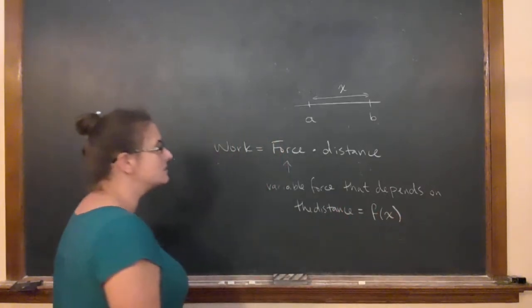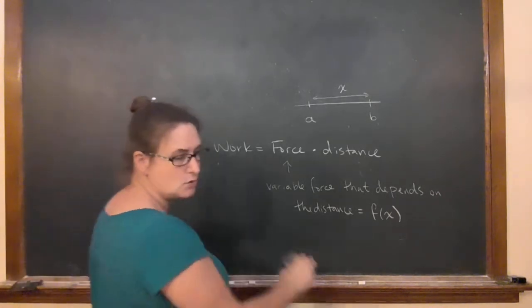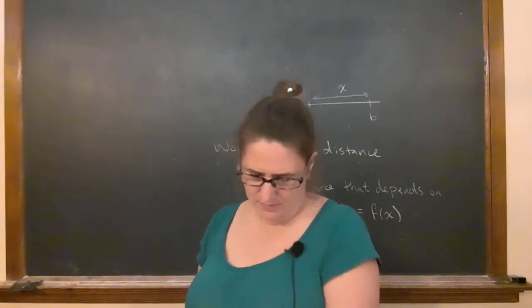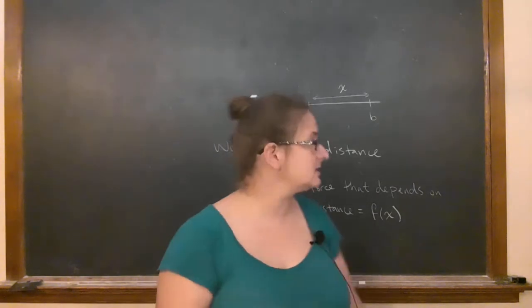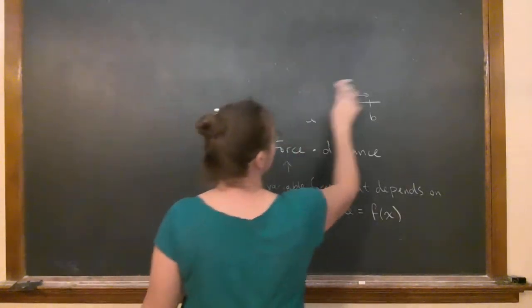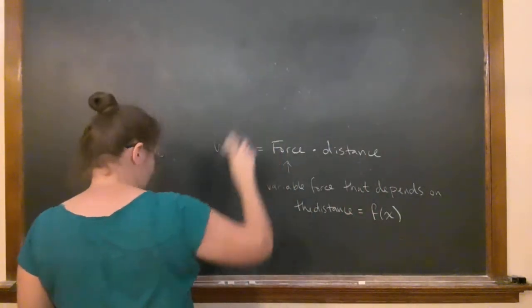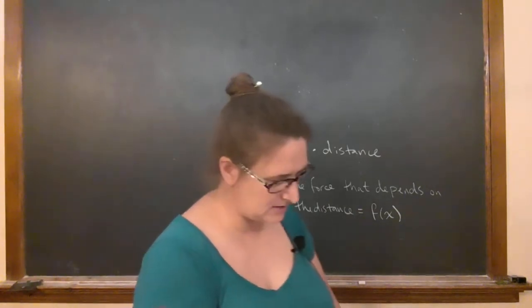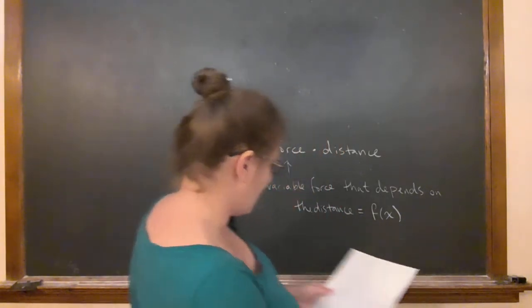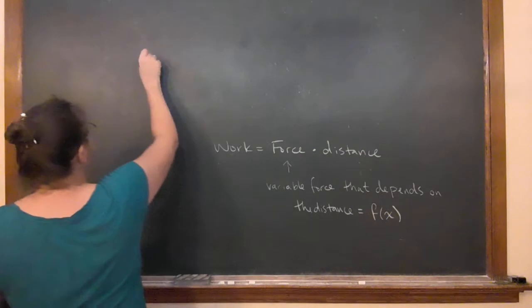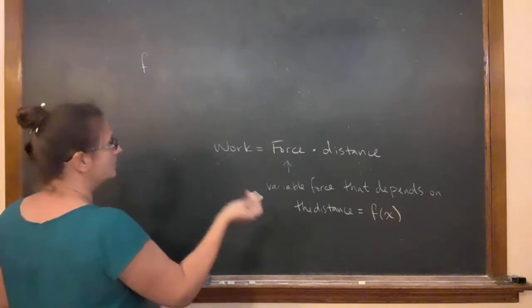It is dependent on the distance traveled. So what am I really doing with this? Let's see. So instead of A to B, let's look at this. Let us say that I have f of x at any particular point.